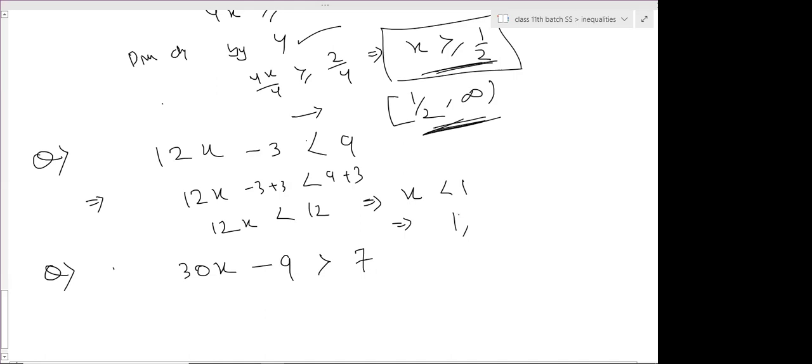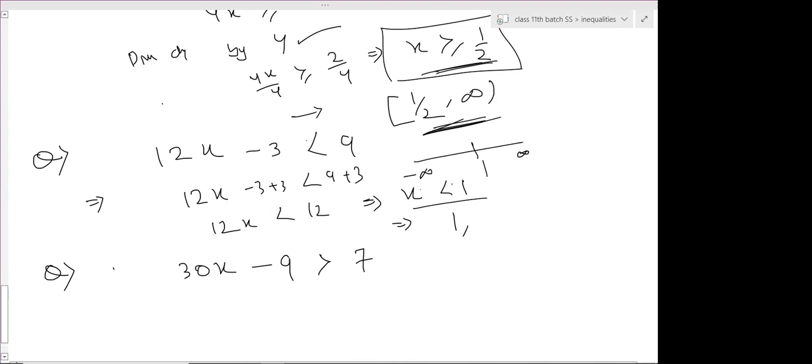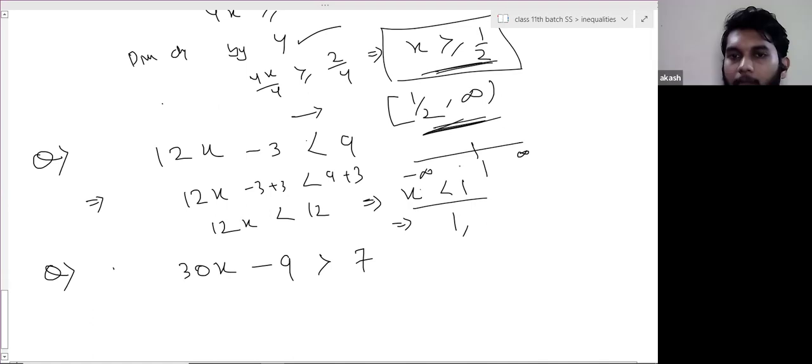See, x is less than 1, right? Always try to draw a number line. This is 1 and this is infinite, this is minus infinite. x is less than 1 means what are the values of x? Few examples: 0, -1. So all numbers will lie in this line, so this line will be from minus infinite to 1.